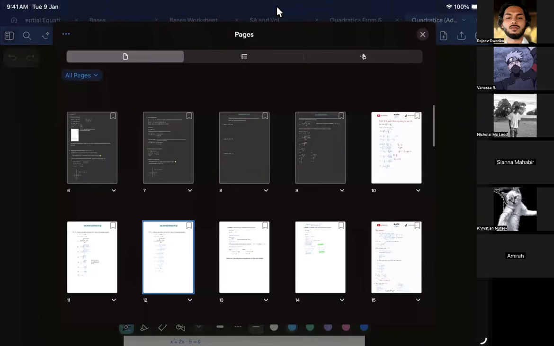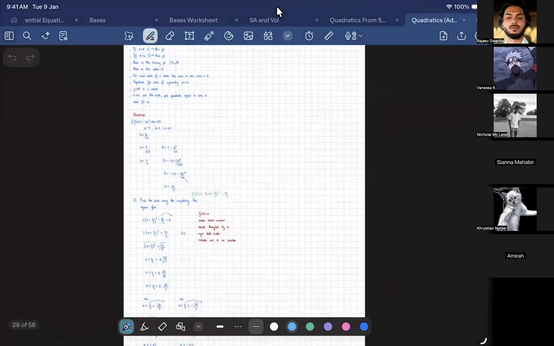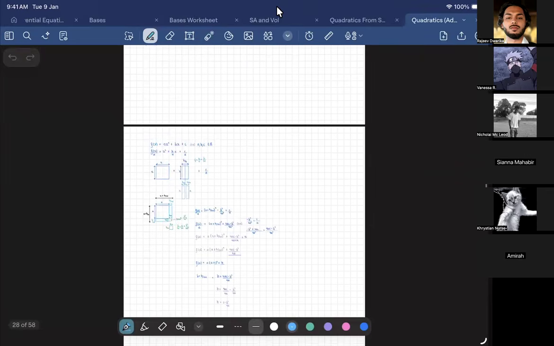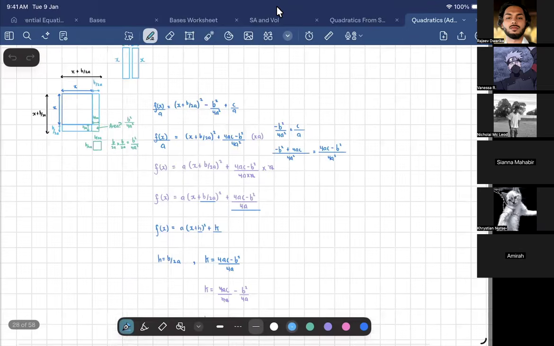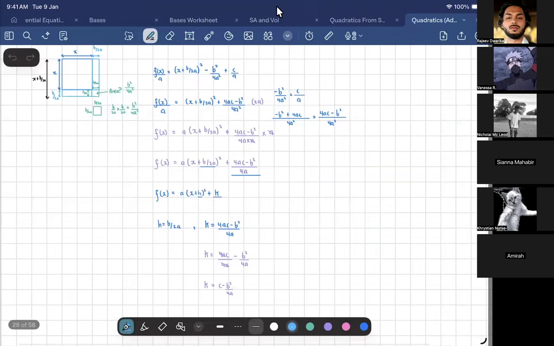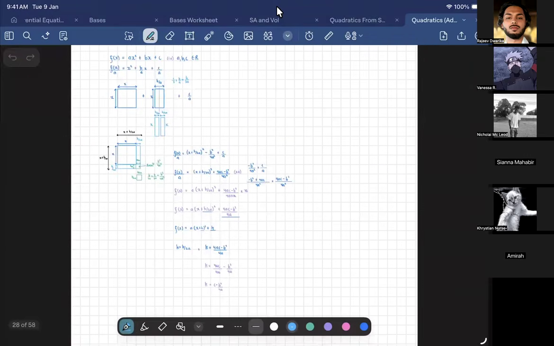Let me see if I can find that proof. Yeah, this is the proof. And you're wondering why x would be equal to negative h? Like, why is h negative? Okay, let me see how best I could try to explain that.